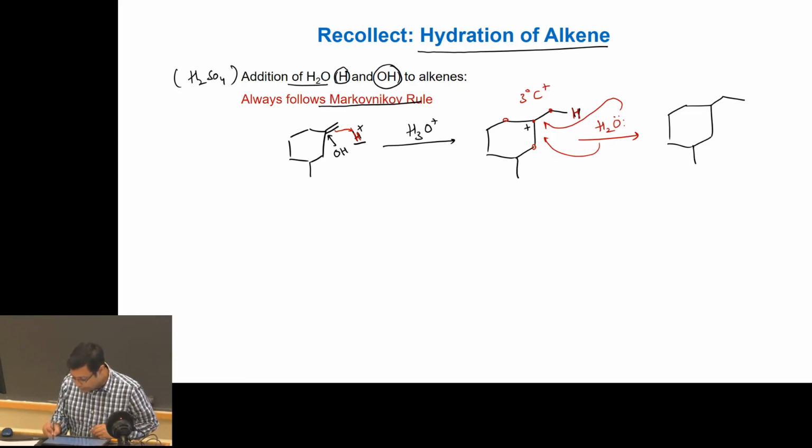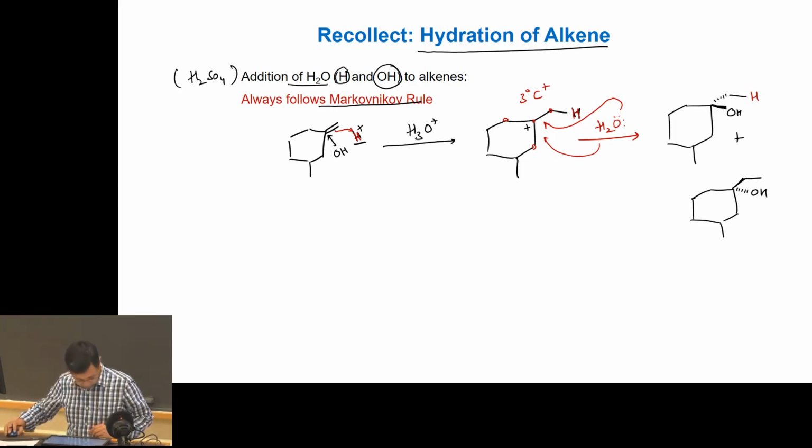So let's say water attacks from the top. You have the OH at the top. This bond will be at the bottom. If the water attacks from the bottom, OH will be at the bottom and this bond will be at the top.